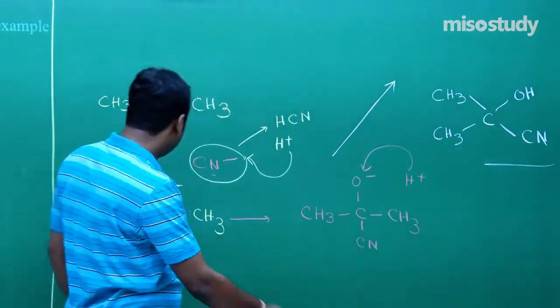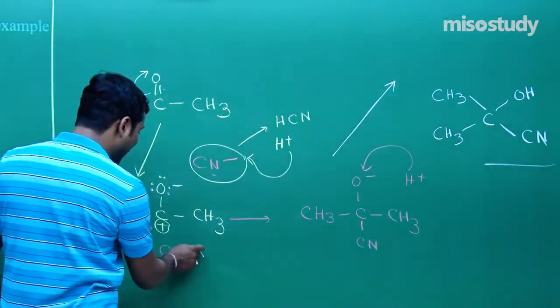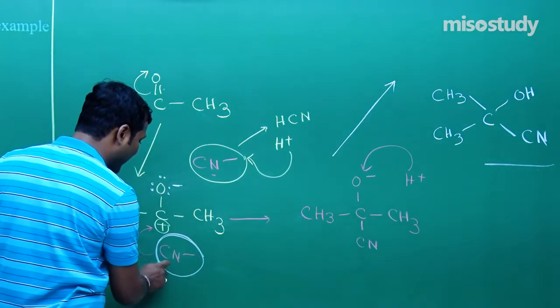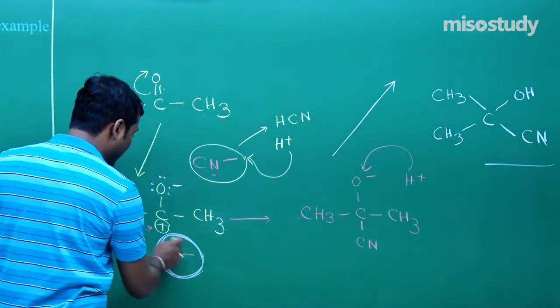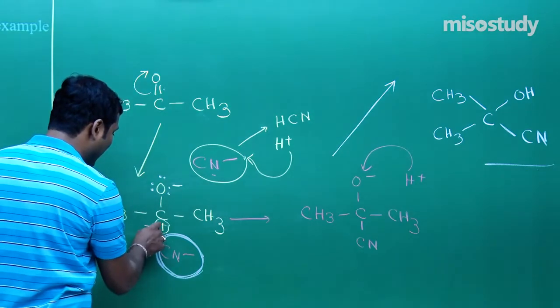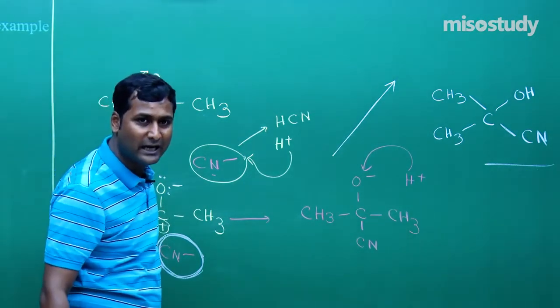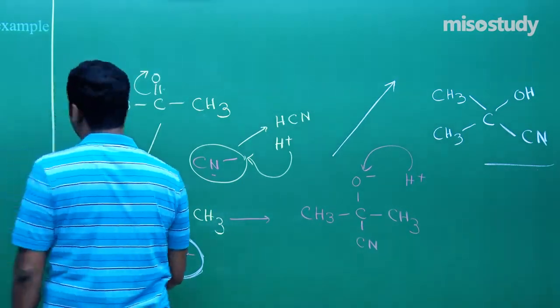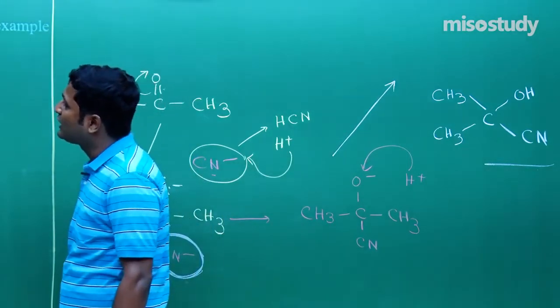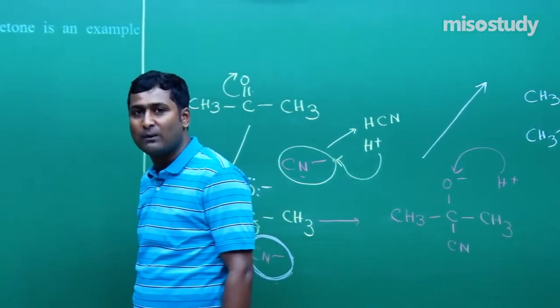What happened here? The double bond breaks and the addition of the nucleophile takes place. If there is an addition of a nucleophile, now check which one is the correct option.